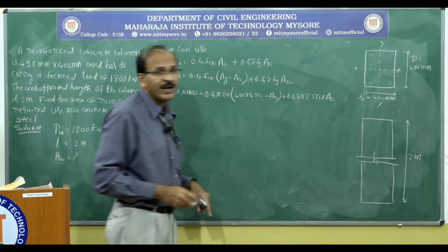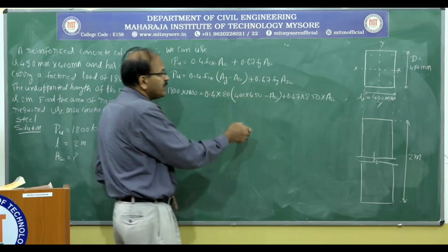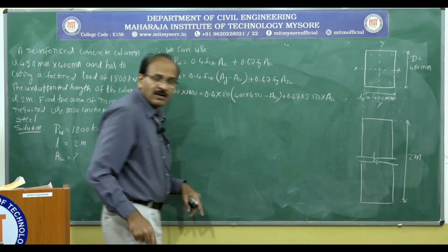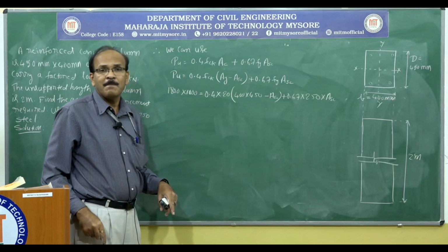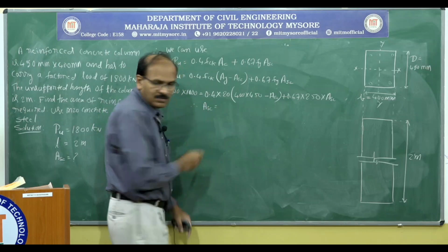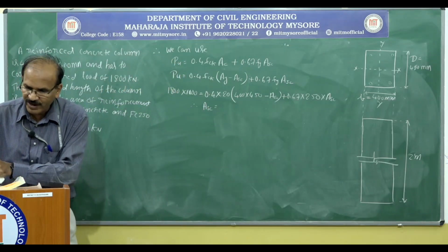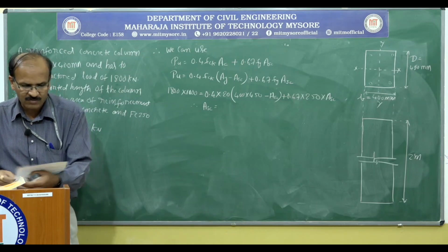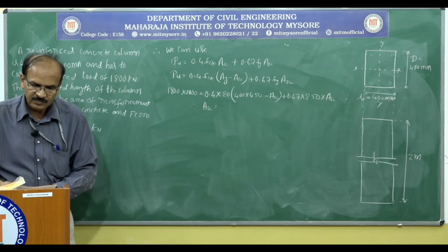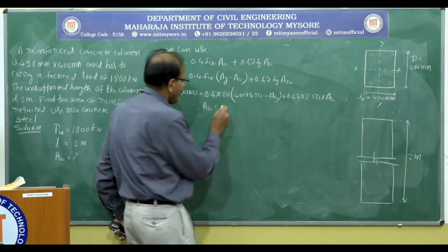That's what we are trying to find out. Okay. So in this equation the only thing unknown is ASC. Therefore ASC equal to, so after simplification we get the value of ASC equal to 2257 millimeter square.